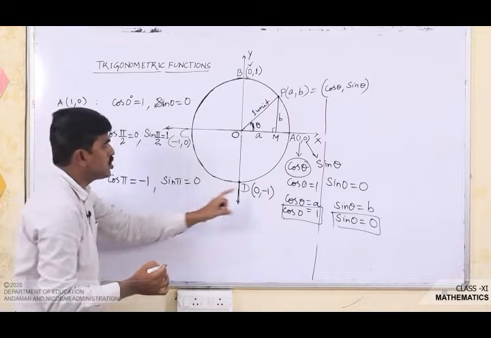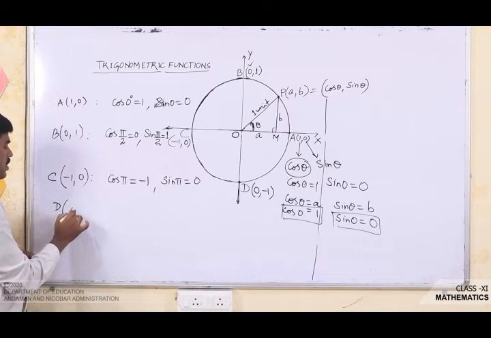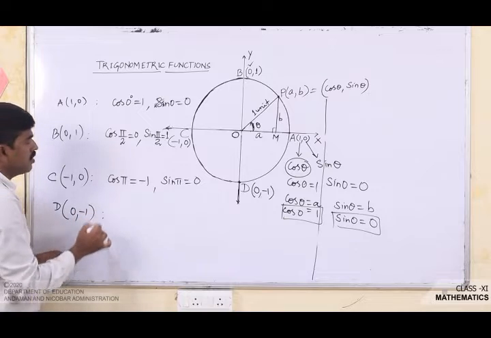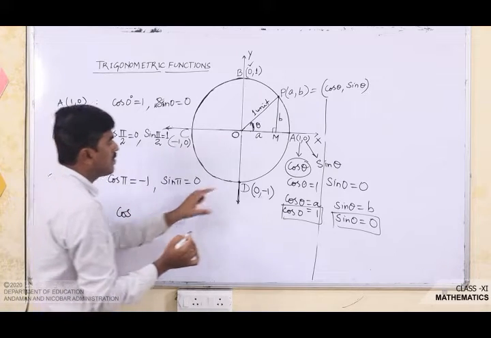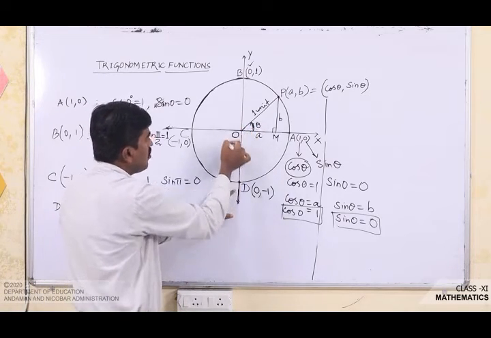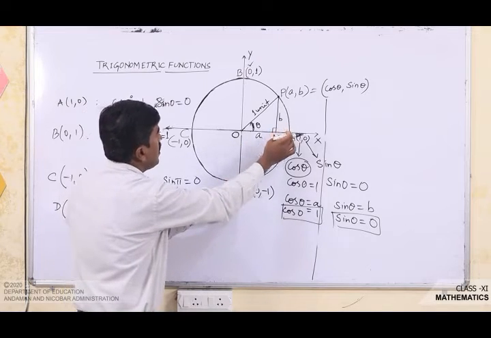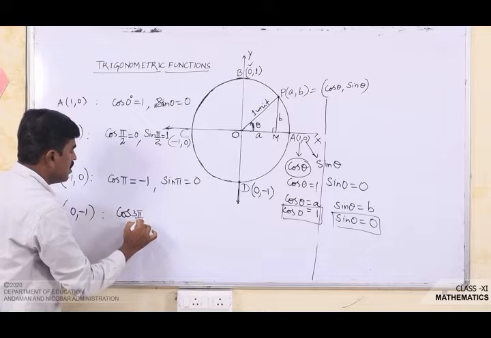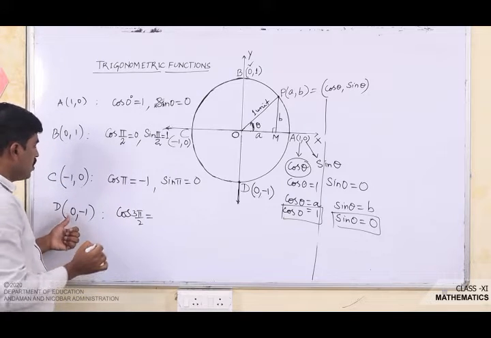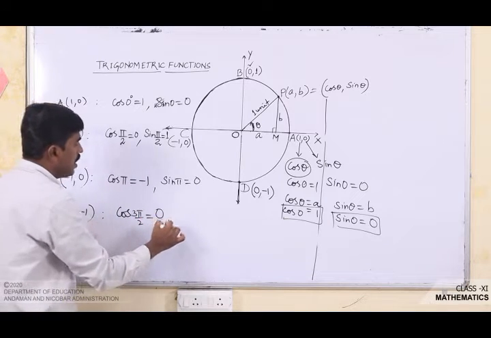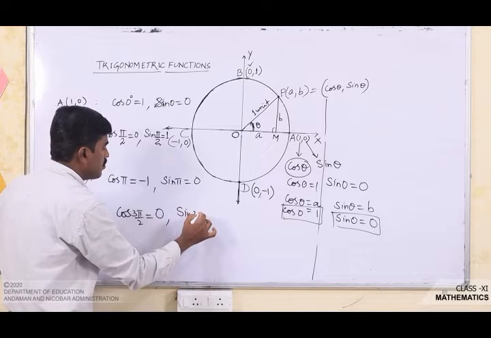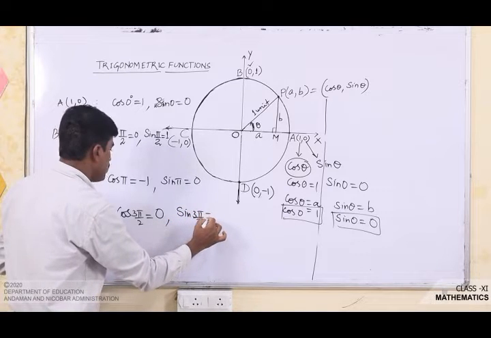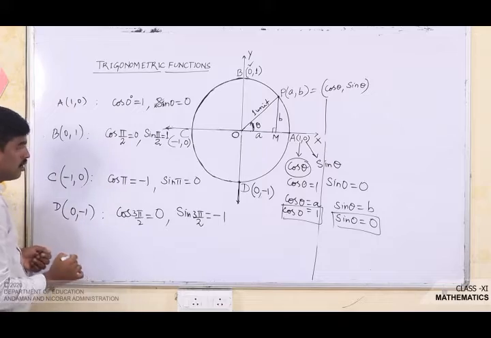Okay, if we take this point D, 0, minus 1, then at this point the angle theta will be 3 pi by 2, that is angle AOD. Cos 3 pi by 2 is equal to 0, and sin 3 pi by 2 is equal to minus 1.